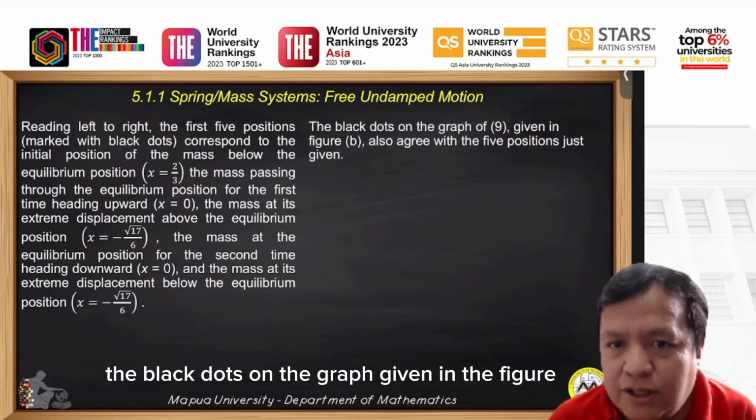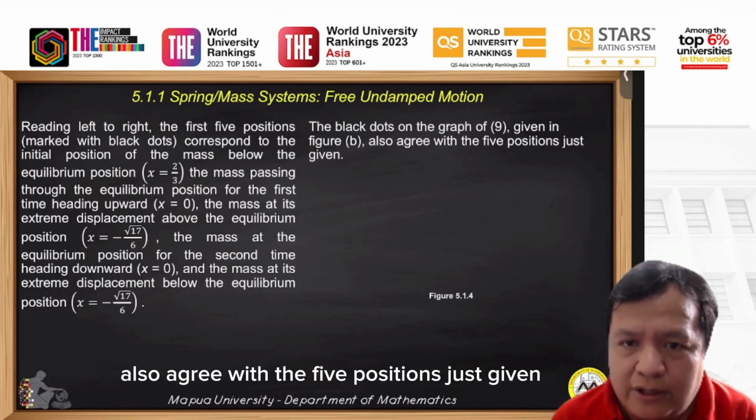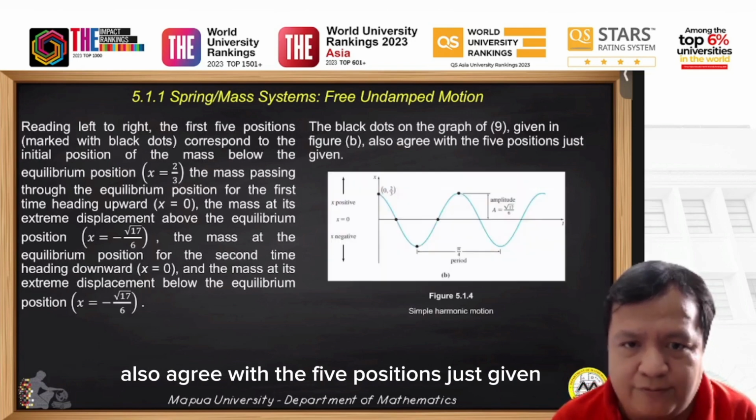The black dots on the graph given in the figure also agree with the 5 positions just given.